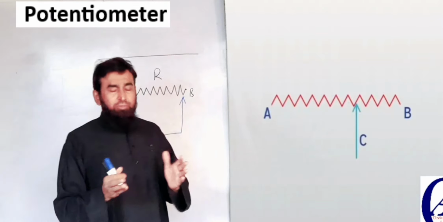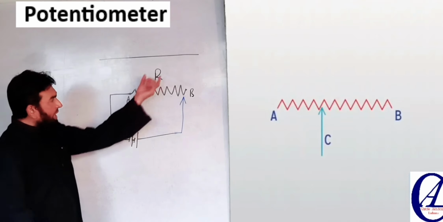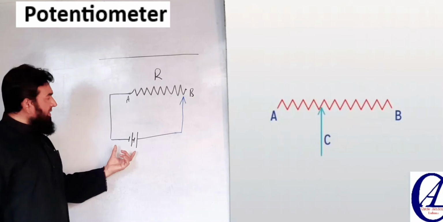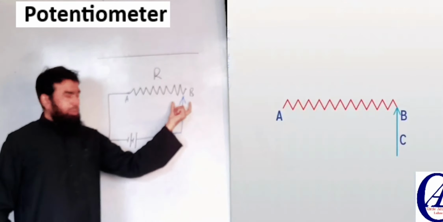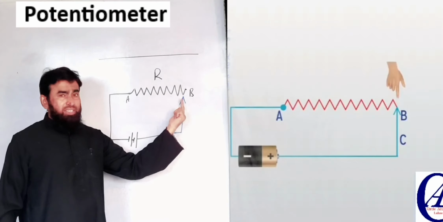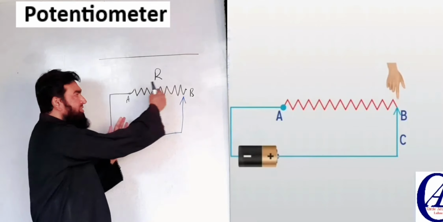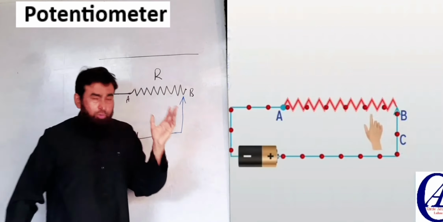Now, to understand the benefit of this sliding terminal, just imagine this circuit in which R is the resistance of this wire. This is the battery, and I have completed this circuit. Now, this sliding terminal is at B. When this sliding terminal is at B, it means the whole of the current is passing through this wire which I am using as a potentiometer.